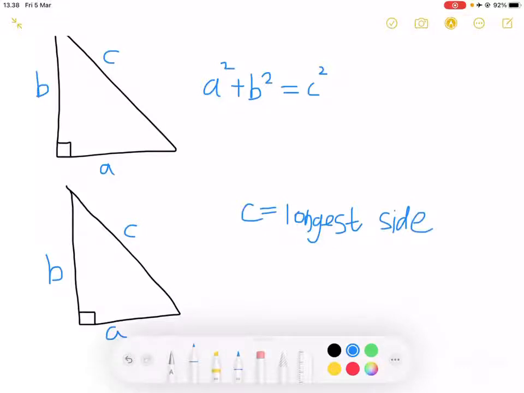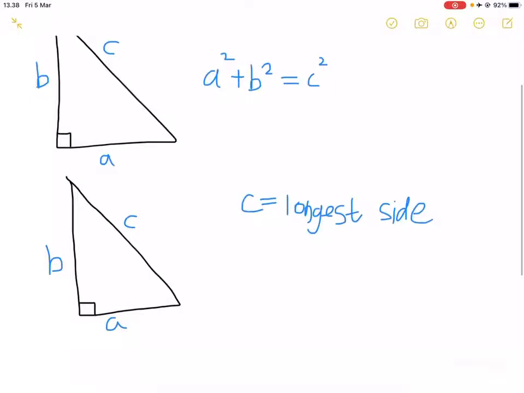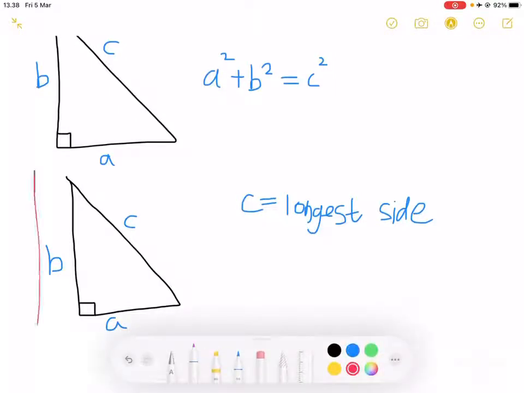Assume you're given this exact same picture right here. Before you plug random sides into the formula, you must determine which one is the hypotenuse, which one is the base, and which one is the altitude.